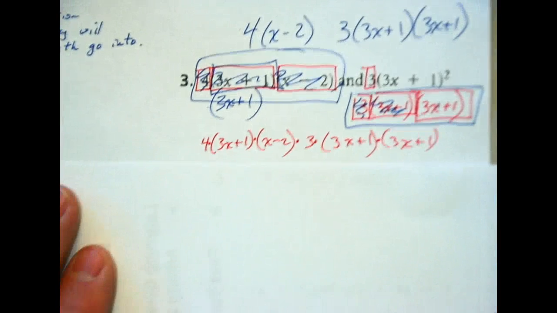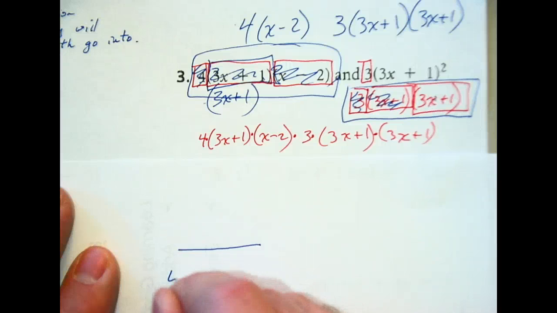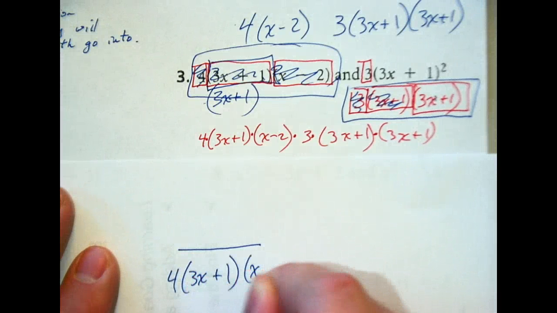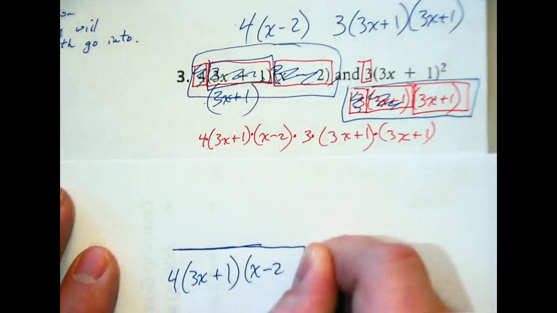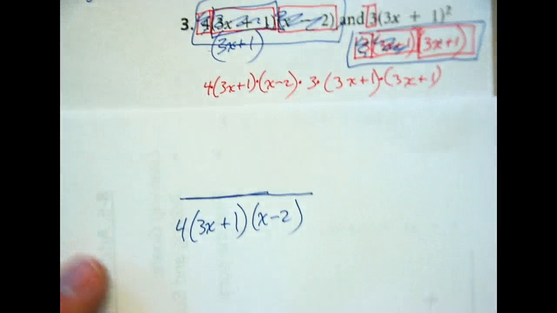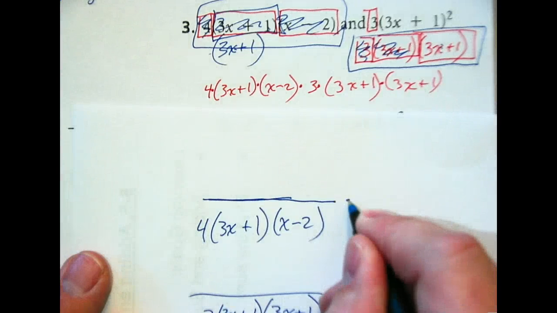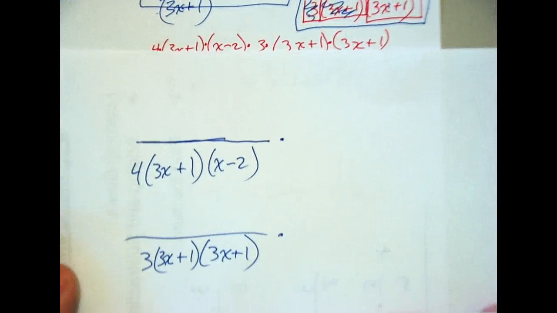The other way to think about it is, if you have your fraction 4 times 3x plus 1, x minus 2, okay? And you have 3 and 3x plus 1 times 3x plus 1, and you're working through this problem. Let's pretend you're trying to solve this problem here.